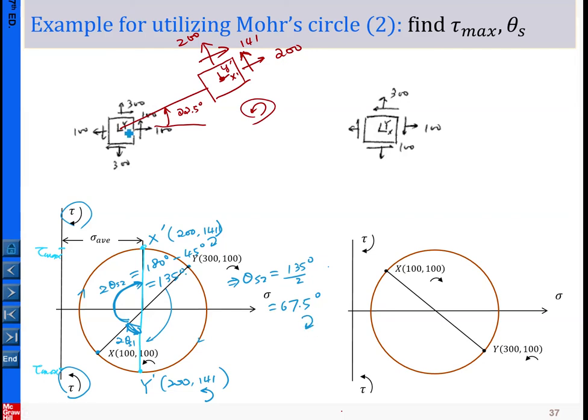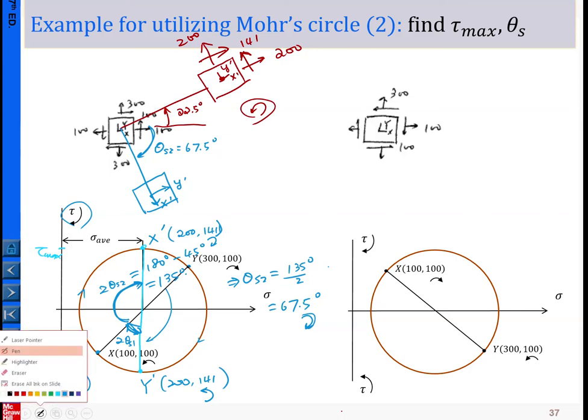Okay, so now we draw that one here. So theta s2 equals 67.5 degrees in the clockwise sense. Okay, so this is our stress element. Here this is our x prime and this is our y prime.